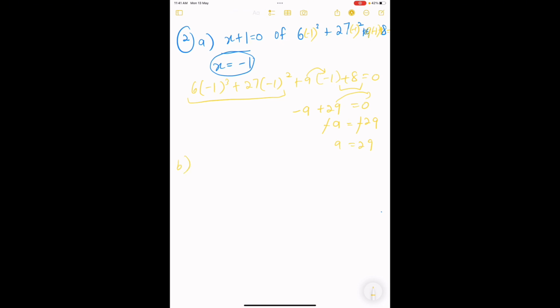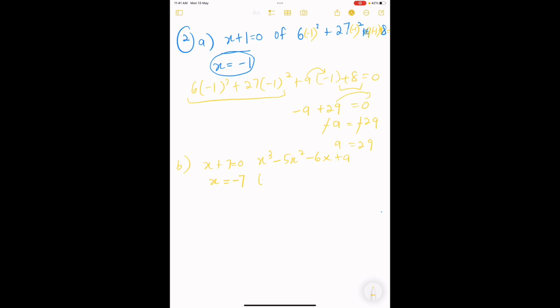Move on to 2B. x plus 7 is a factor of x3 minus 5x2 minus 6x plus 8. So you change x plus 7 equal to 0. Change the other side, become x equals minus 7.